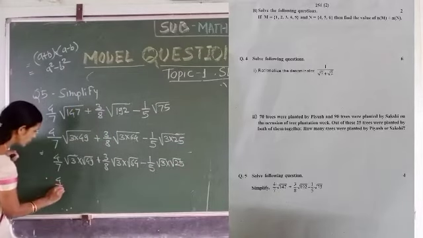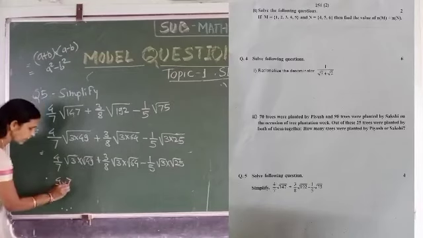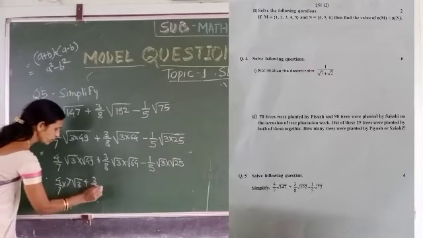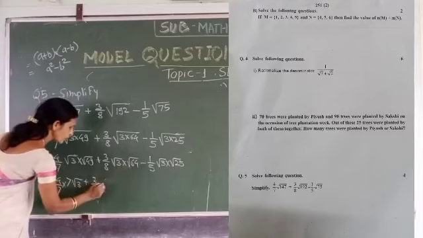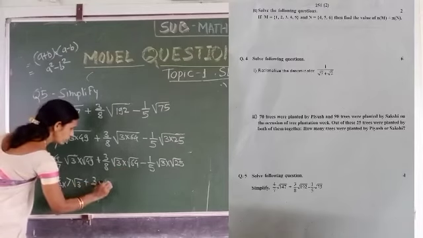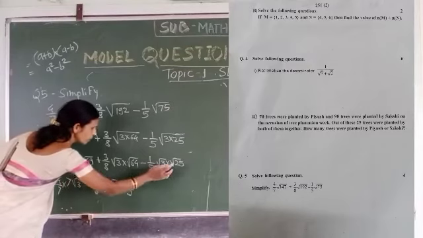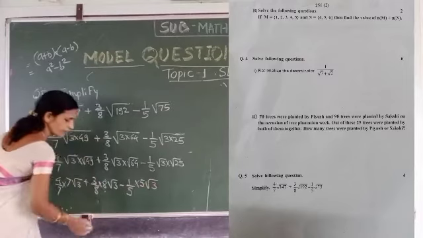Therefore 4 upon 7 into, root 49 is 7, taken out, and root 3 remains, plus 3 upon 8, root 64 is 8, root 3, minus 1 upon 5, root 25 is 5, root 3.